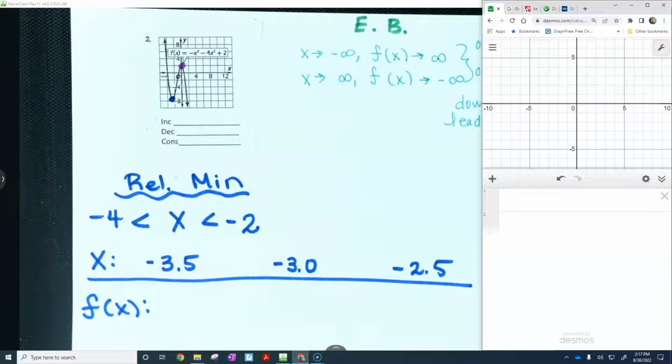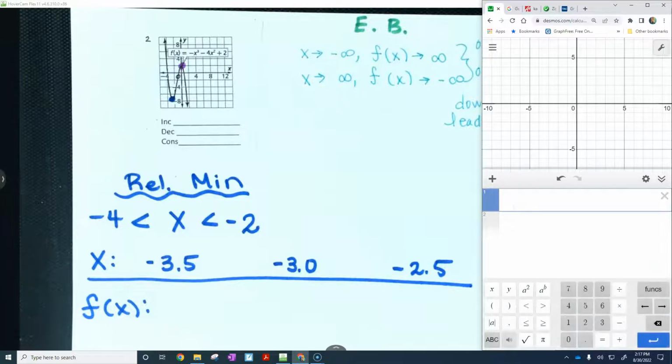Put your negatives in parentheses. It's a leading negative, so we're going to start out with a leading negative. And then remember, we're guessing that maybe negative 3.5 might be an option for us. Put negative 3.5 in parentheses, arrow out, and raise it to the third power. Make sure you're out of exponent mode when you start your next term. Your next term is negative 4x squared.